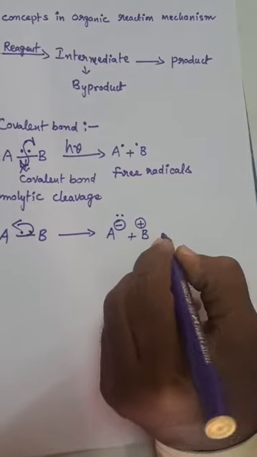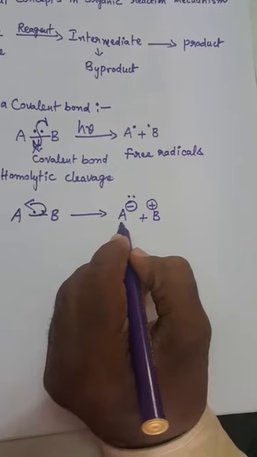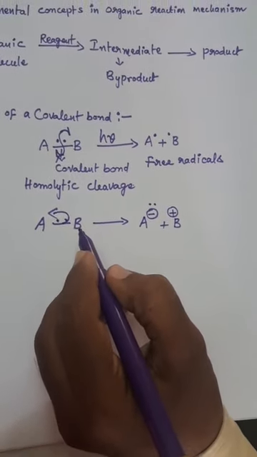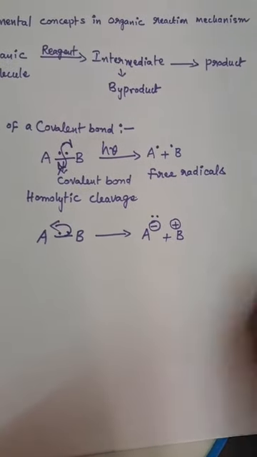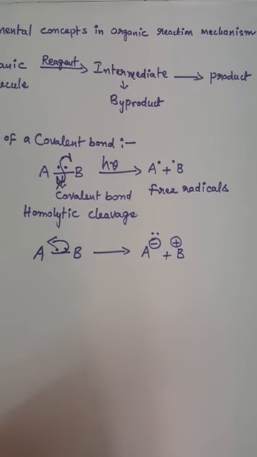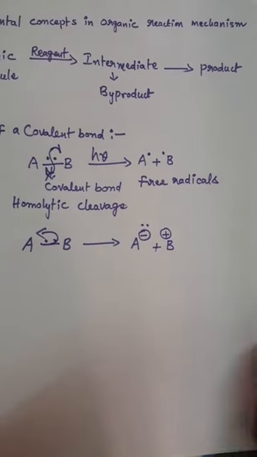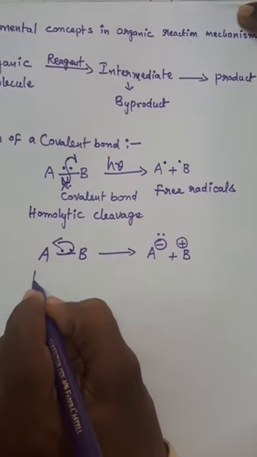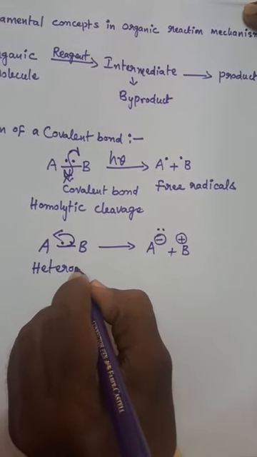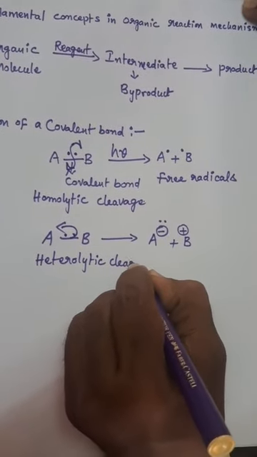Why does B get the positive charge? Because B lost an electron and A gained an electron. Here the two electrons are not shared equally by the two atoms, so there is a difference in sharing of electrons. That's why it is called a heterolytic cleavage.